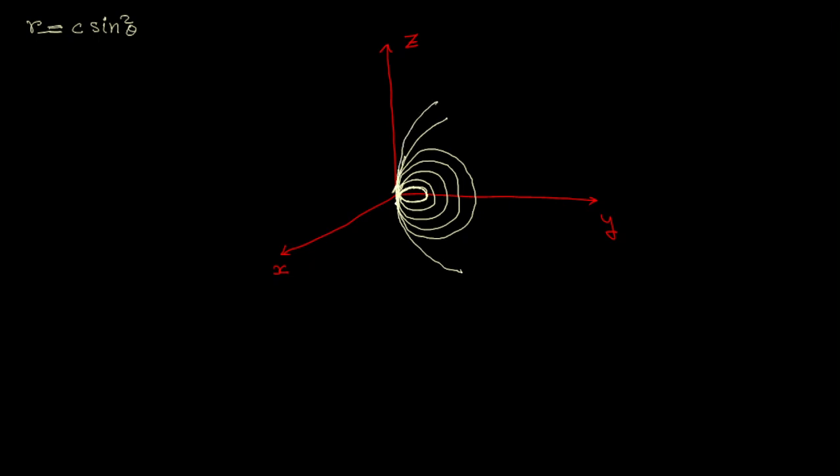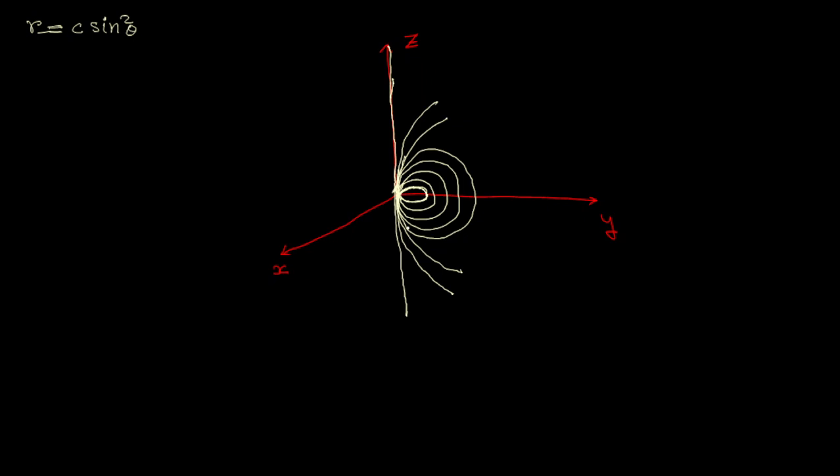When we put c equal to infinity, we'll get a straight line parallel to the z-axis like this. In this case, the radius of curvature will be infinite, so it will become a straight line.